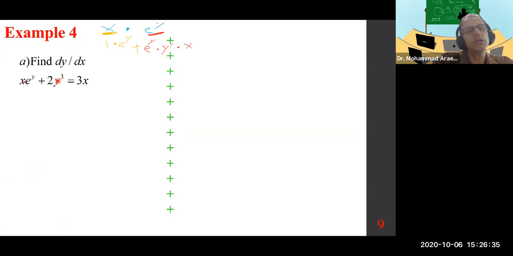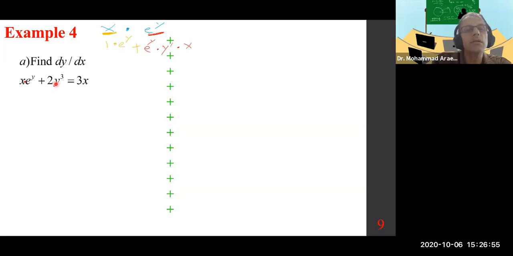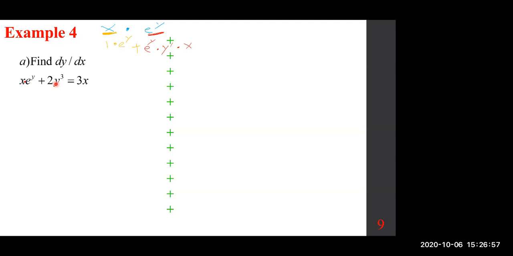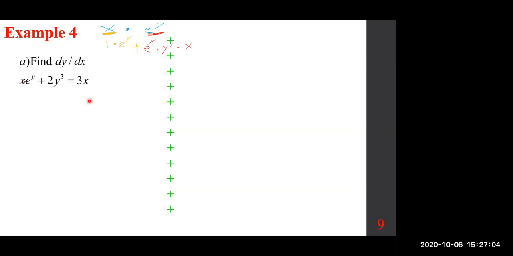2y cubed. What's the derivative for 2y cubed, class? Nobody? Would it be 6y squared times? No, 6y squared times y prime. It's important for everybody to understand.